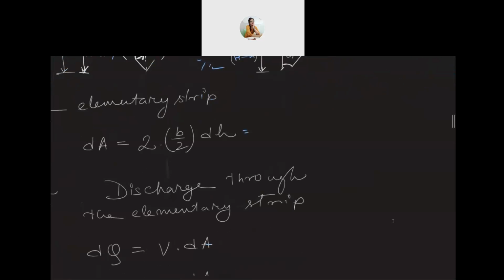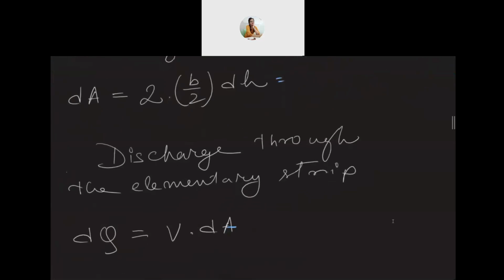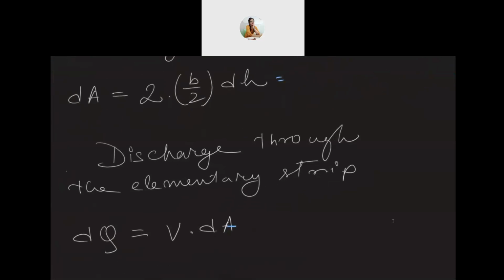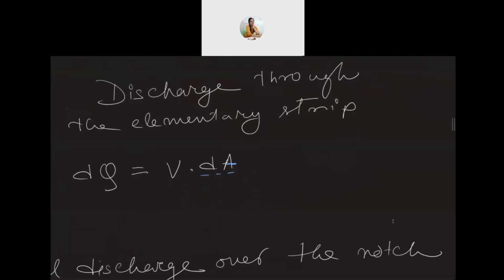And therefore, the discharge through this elementary strip, dQ, let's say, is equal to the velocity multiplied by this elementary area dA, and velocity is root over 2gh, and the area is given as this much.